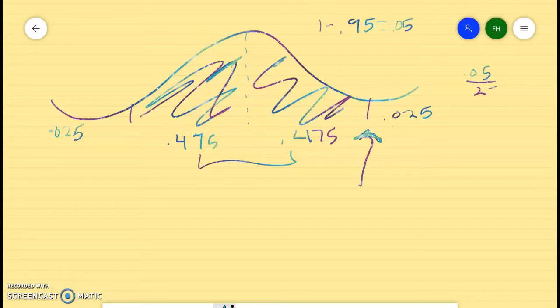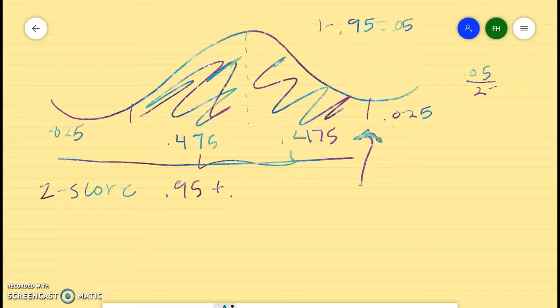How would we do that? Well, we would add all the numbers up to that point. So that would be our interval 0.95 plus our 0.025 tail here. So up to that point would be 0.975.